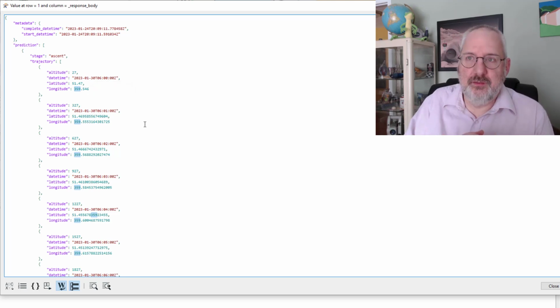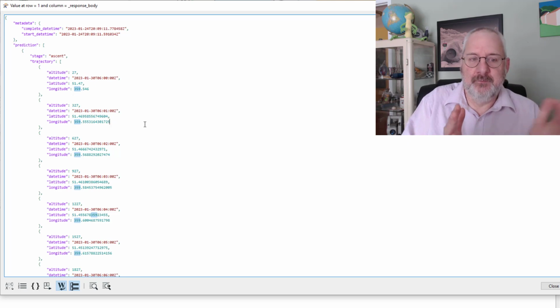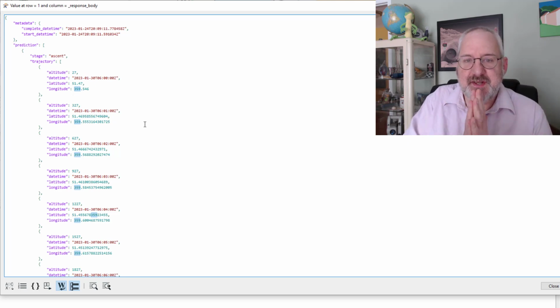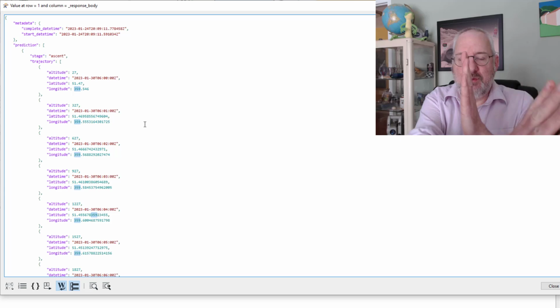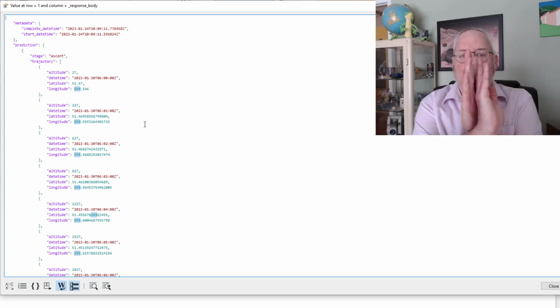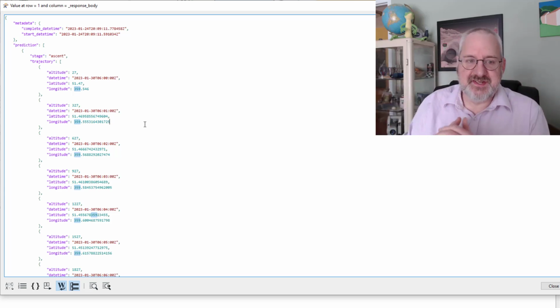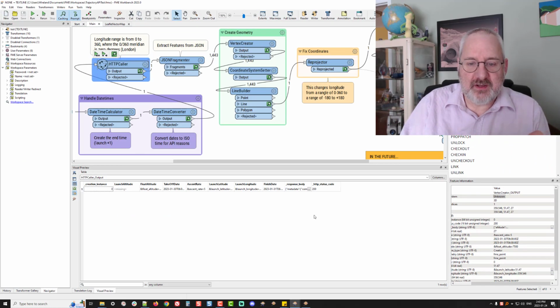Normally for us, longitude is 0 to 180 going east, and the west side is 0 to minus 180. This is 359 degrees. So I think what's happening here is we're starting at 0, going all the way around to 180, and then just carrying on, like 225, 270, 315, and back round to 360 and 0 again. So our longitude goes all the way around the world and back to 0, which is not common. So it's no wonder FME didn't recognize it when we tried to look at the data.